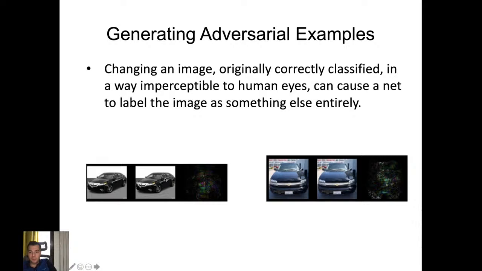For example, this image is modified from the original one, and here you will see the map of differences that is magnified. But if you look at these two images, you will not find any difference, and the same happens for these two images. And the problem is that the network, with this modification, will no longer classify this example as a car.